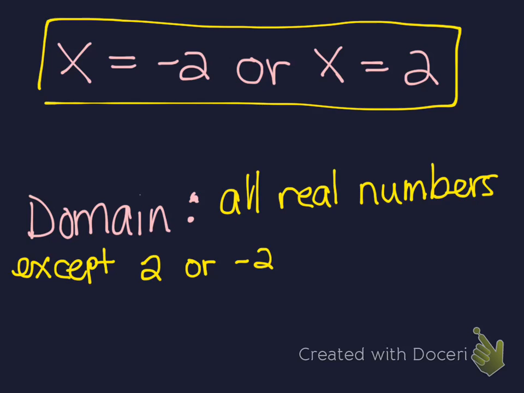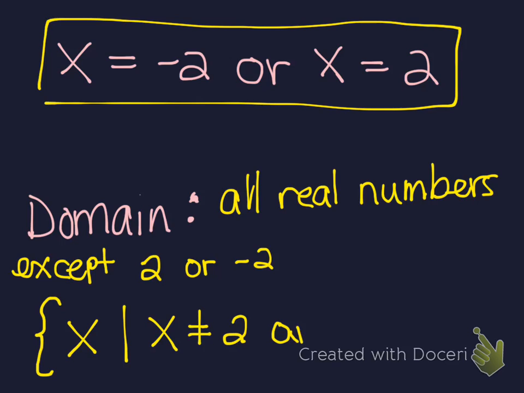So what I would want to do in math terms would be to write the domain in set notation as x such that x does not equal 2 and x does not equal 2. Sorry, negative 2. Negative 2.